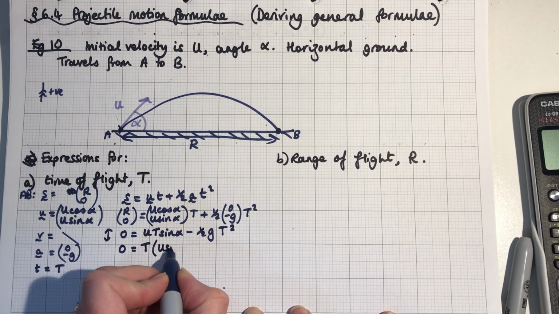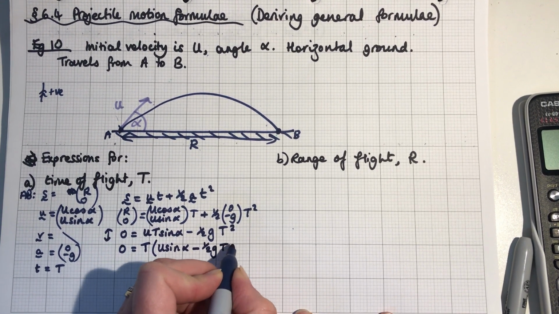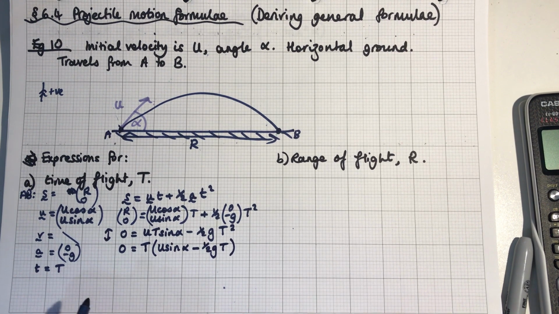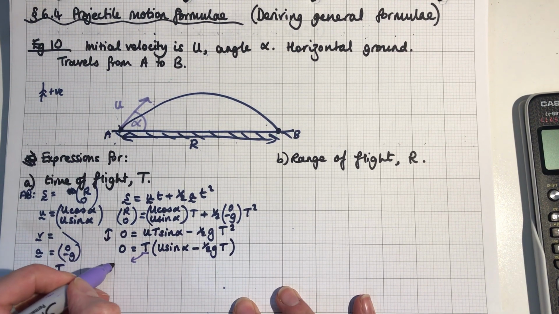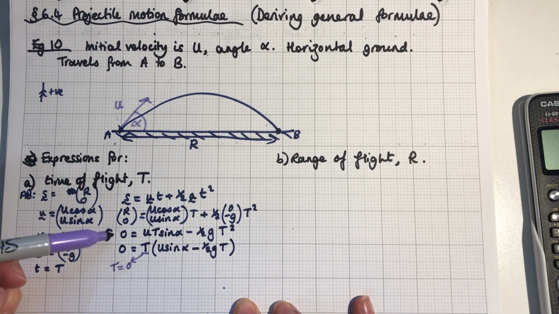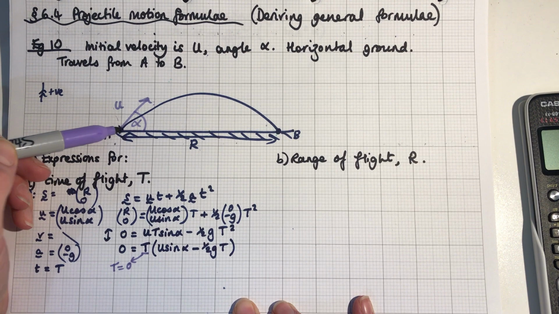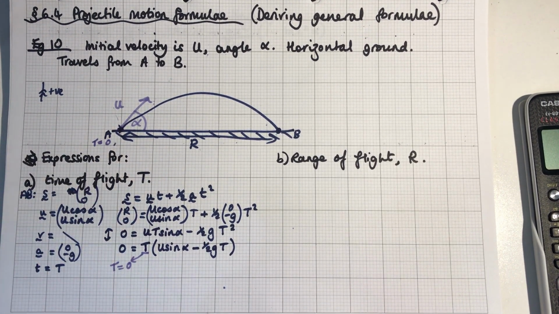And that gives us t times u sine alpha minus half g t. So I have two solutions to this quadratic. One solution is t is 0. So that's telling me that I have a vertical displacement of 0 when time is 0 at the start. So that's obvious, but that's what that one is coming out as.